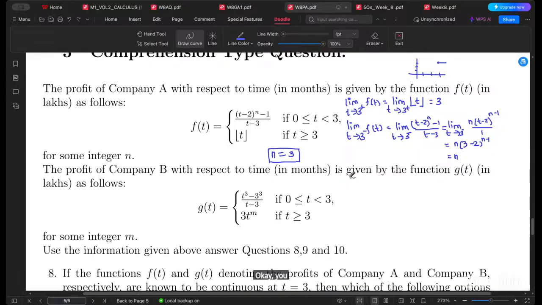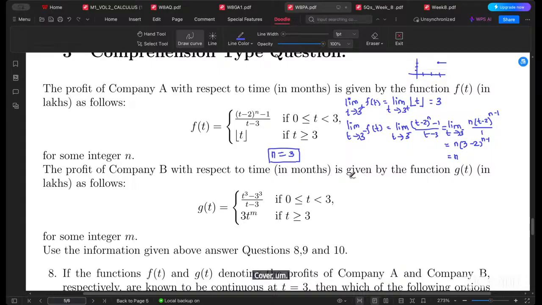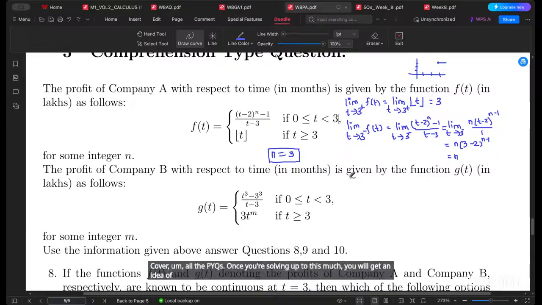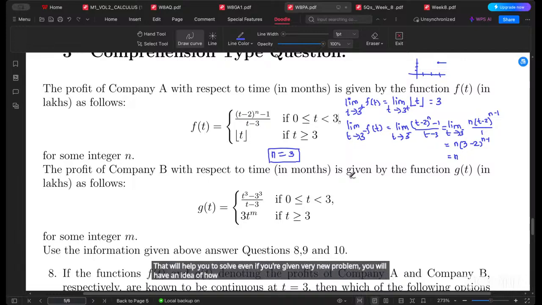You will definitely not score something very less than 50. Even if you are not able to cover all the PYQs, once you solve up to this much, you will get an idea of how to approach a problem, even if you are given a very new problem.